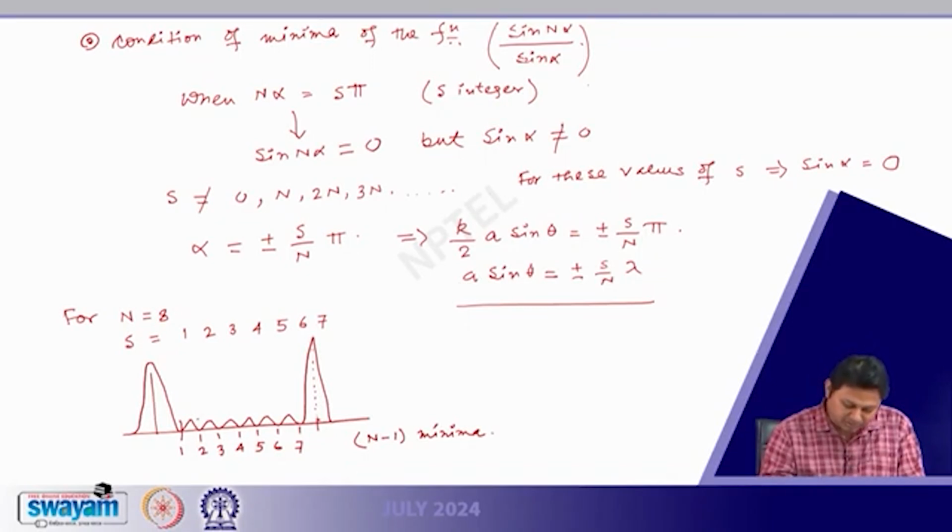There are maxima also: 1 maxima, 2 maxima, 3 maxima, these are the secondary maxima, 4, 5 and 6. So, we have n minus 2 maxima here.